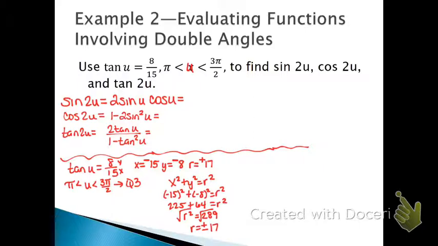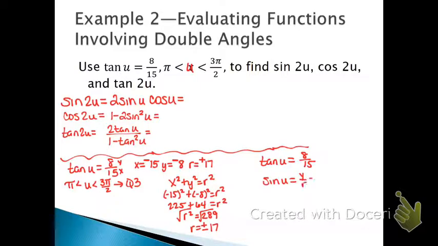Now that I know x, y, and r, we can turn around and find sine and cosine, can't we? So remember, they already told me tangent was 8 over 15. So tell me about sine.